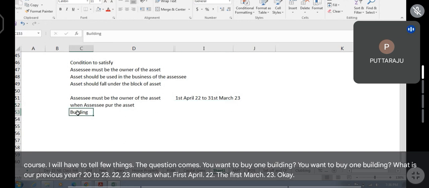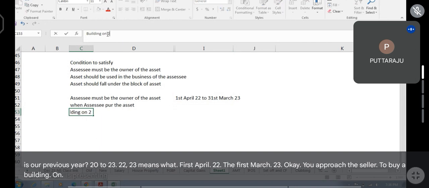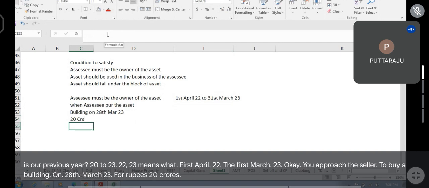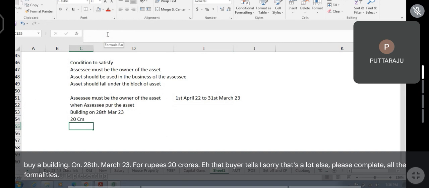You approach the seller to buy a building on 28th March 23 for rupees 20 crores. That seller tells you, please complete all the formalities, prepare the document and come to the registrar office.